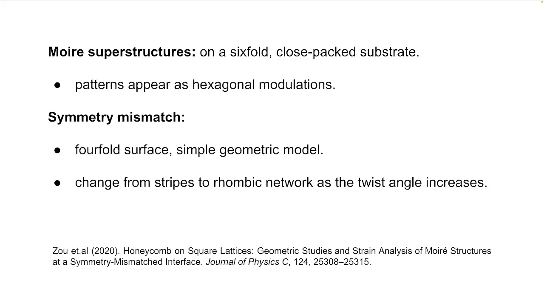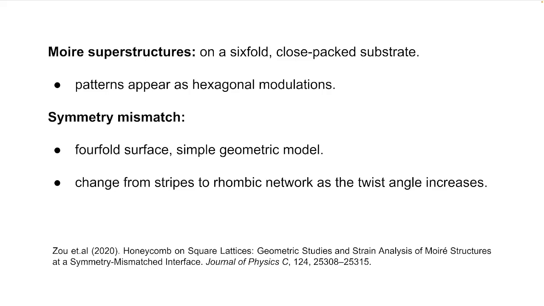Oftentimes, you can build these materials that have some substrate, and then they have some overlayer, and it's offset to some extent. If you have these 6-fold close-packed substrates that have something on top of them, you can modulate their form, you can modulate the surface patterns. So this relies on a symmetry mismatch.